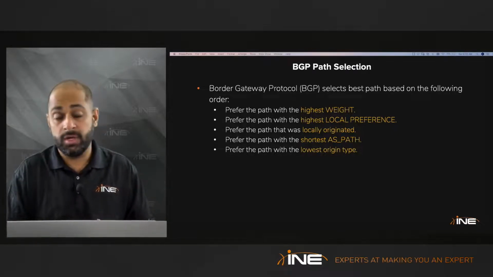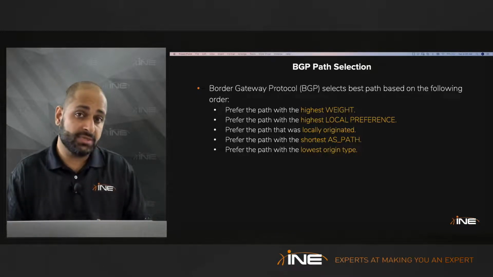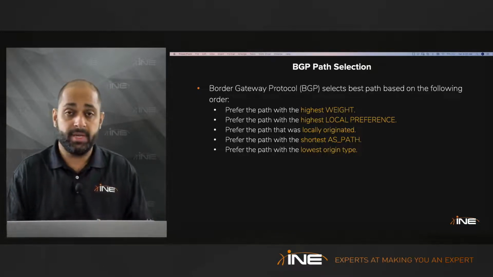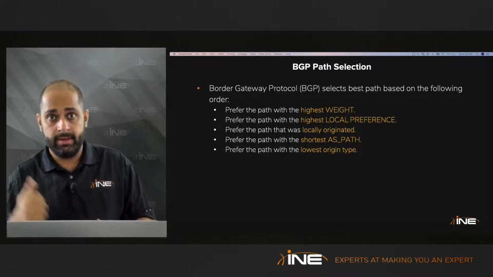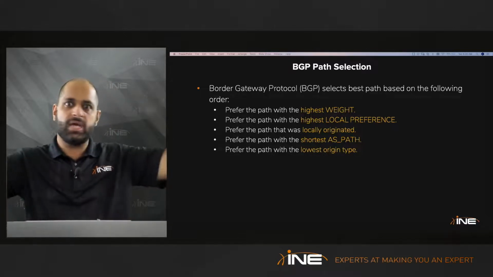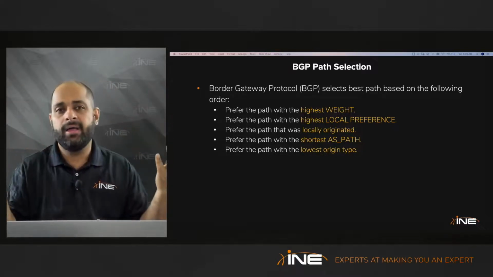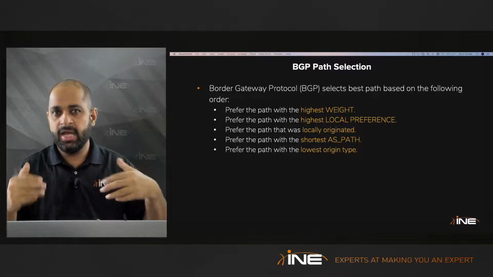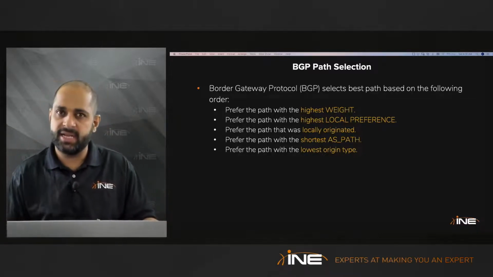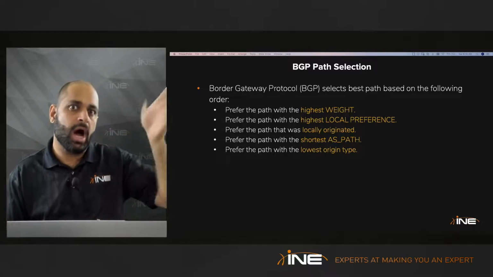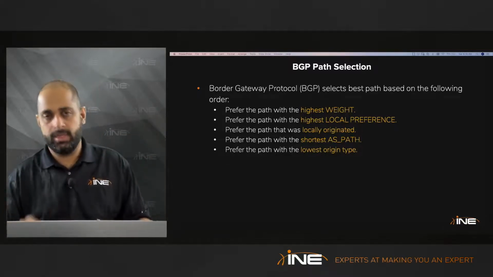Or if you've learned the route, or if you advertise the route through a redistribute statement, it's going to be tagged as incomplete. IGP or I is better than incomplete. So if both the ISPs are sending me I, then it goes to the next criteria. Now if one ISP is sending me I, which is IGP, and the second ISP is sending me incomplete, then IGP or I would be preferred over incomplete.